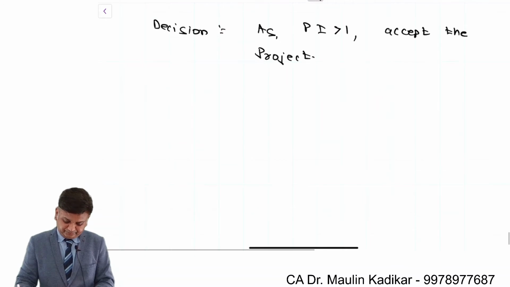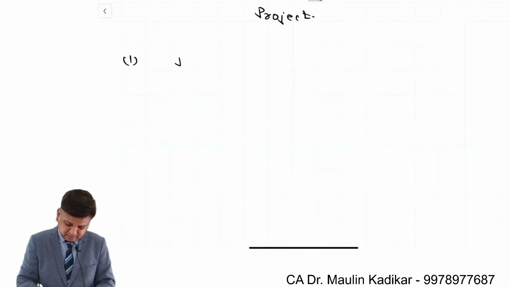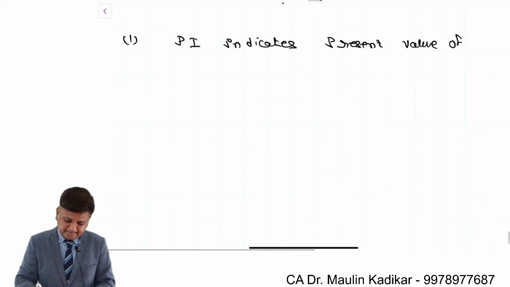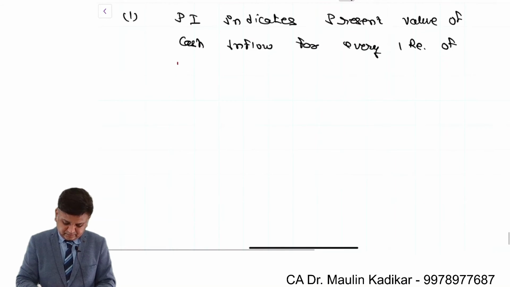Further, first point: PI indicates present value of cash inflow for every 1 rupee of investment in the project.